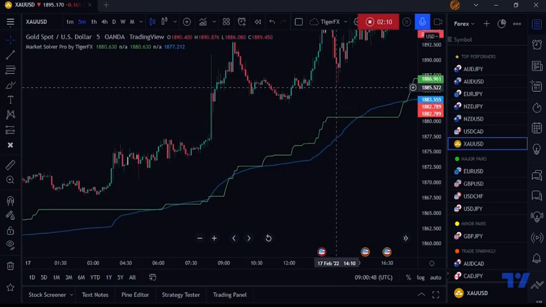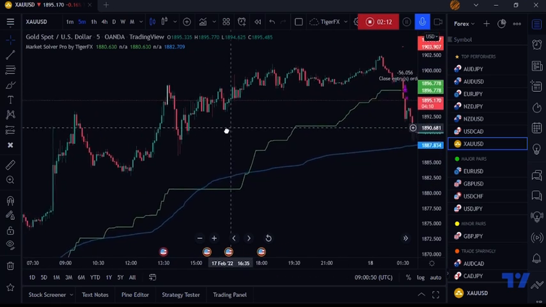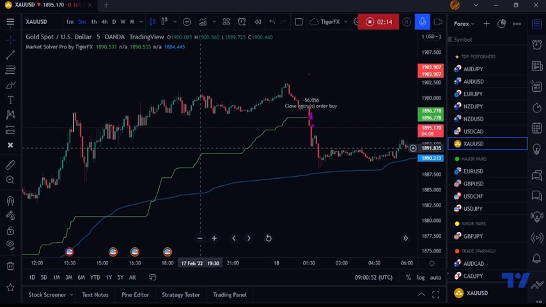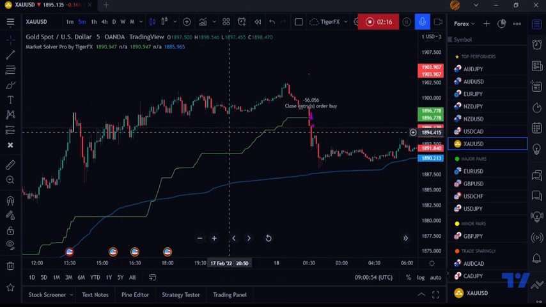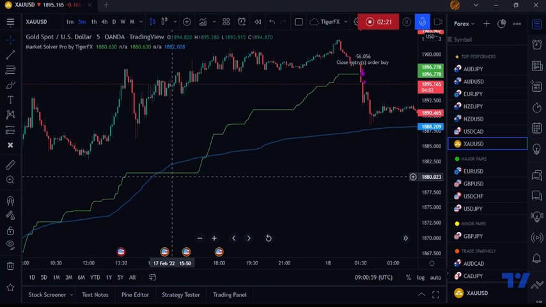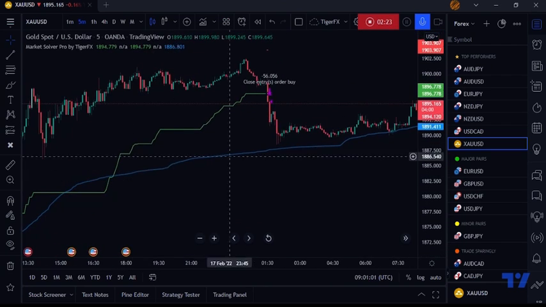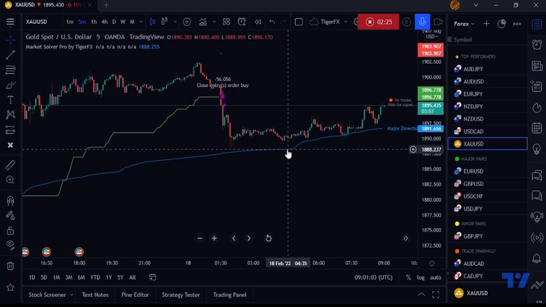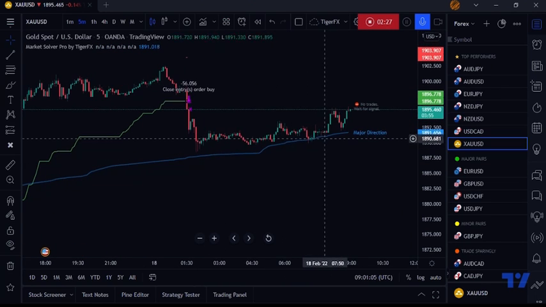So again, I'm trying to use discretion here, because I think, yeah, at around this point I decided instead to use the major direction line as my stop. So I'm currently holding a stop at 1890, right?